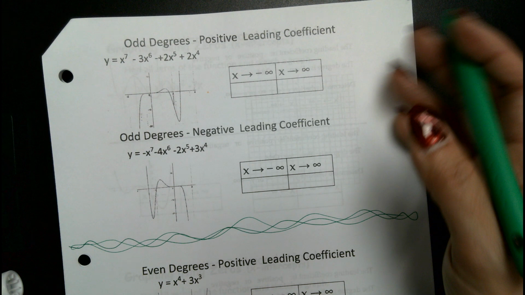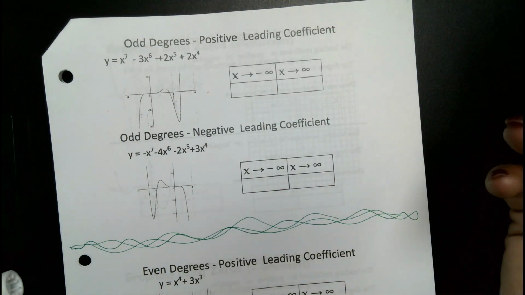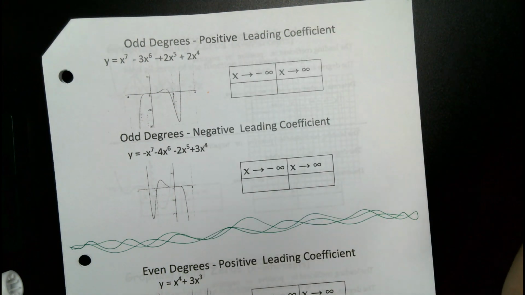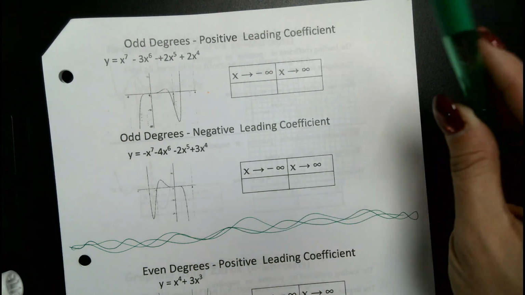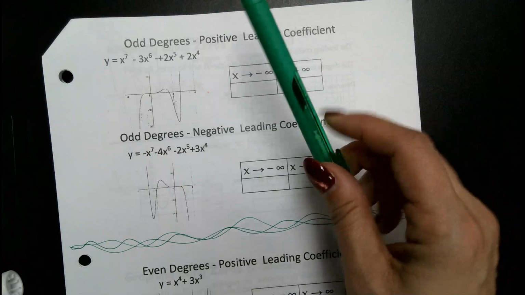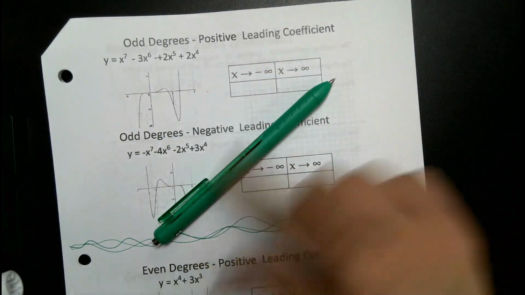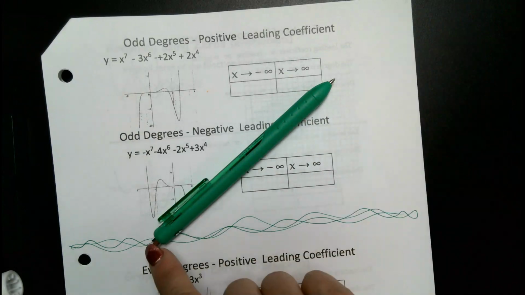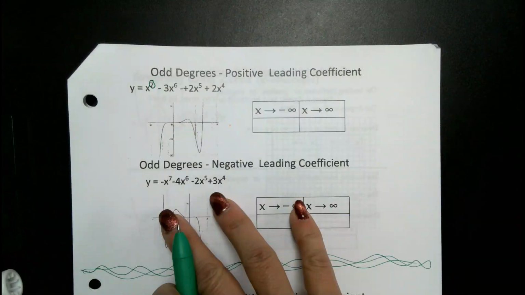If the number out front was positive, what typically happens? It was a positive slope, right? And if you think about positive slope, it increases. So the left side is down and the right side is up.